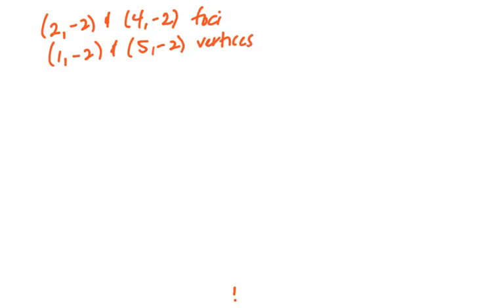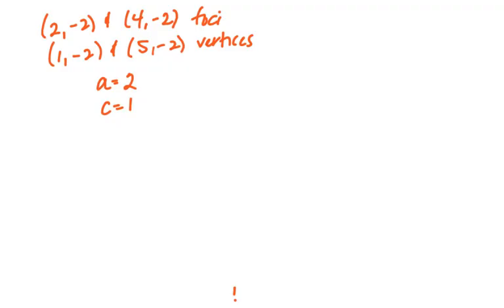So if you look at the fact that the y values match, the distance between 1 and 5 is 4. So that means that a equals 2, because half of 4 is 2. And then the distance between the foci is 2, because from negative 2 to 4 is 6, so half of that tells me that c equals 3.